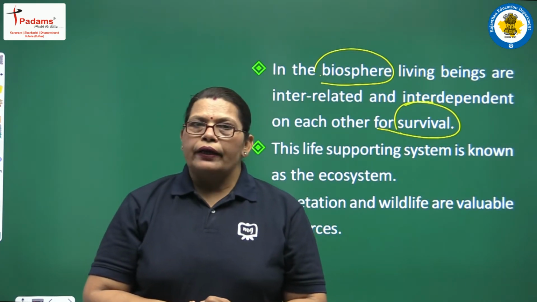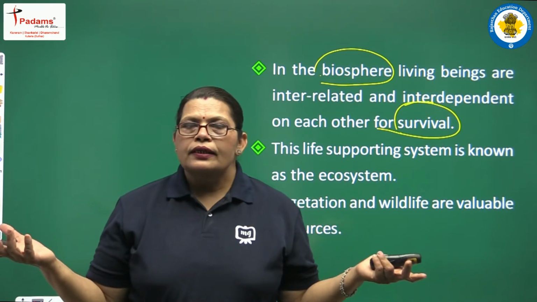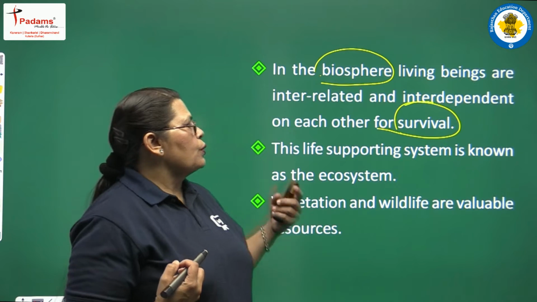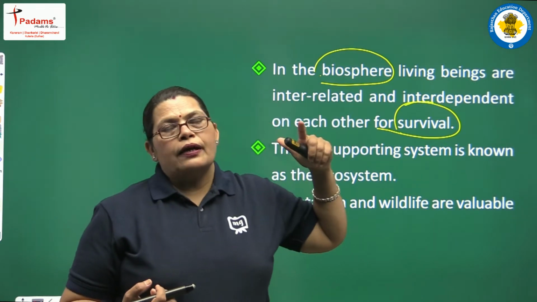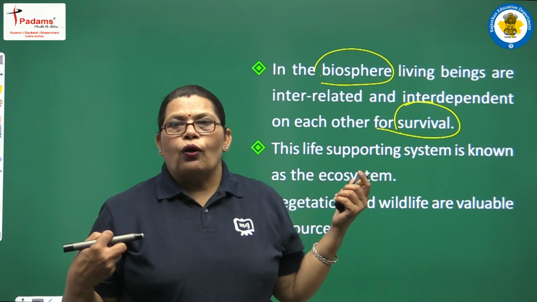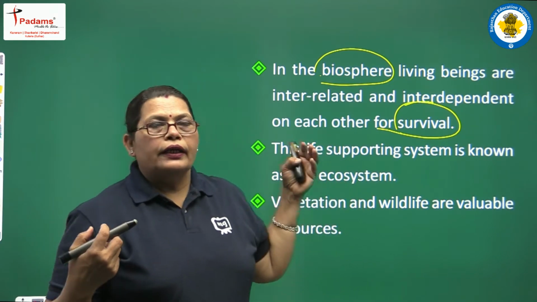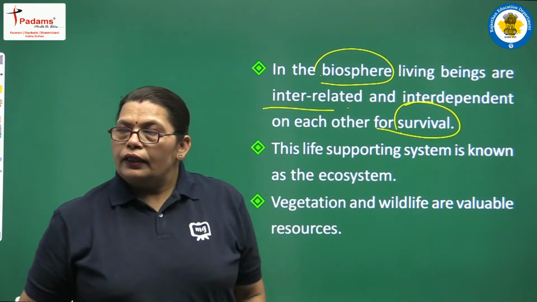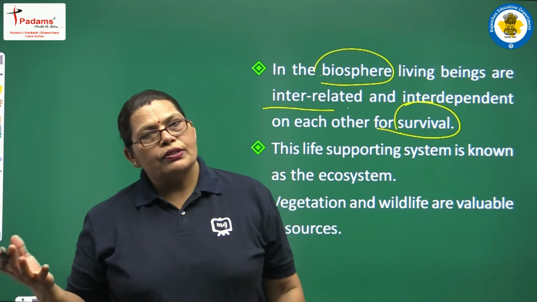They are dependent on trees for their day-to-day food. And these trees also need something from animals, because the animals fertilize the plants. So they are interrelated and interdependent on each other for the purpose of survival.